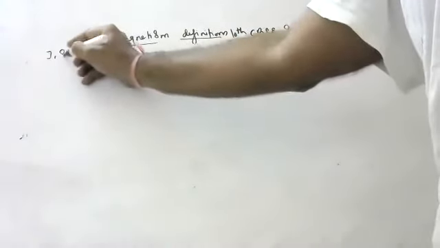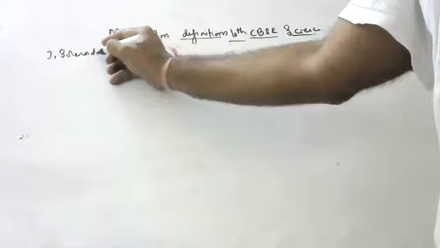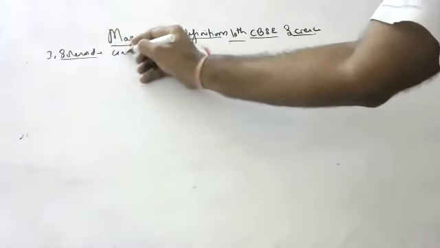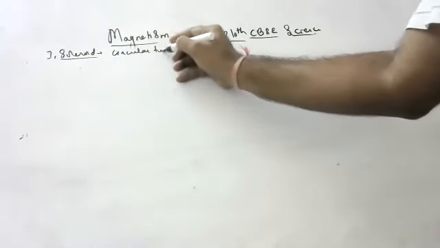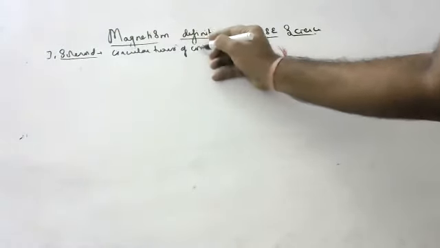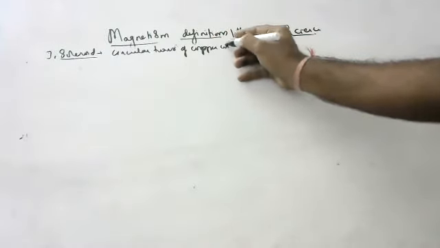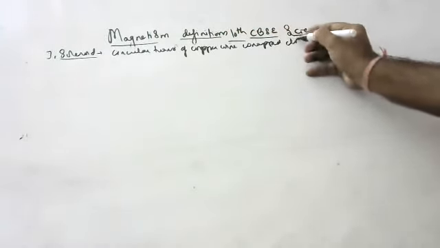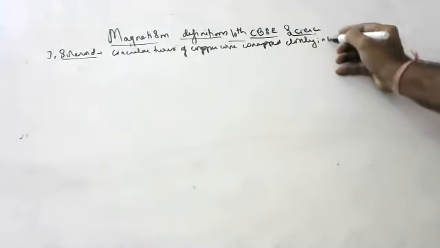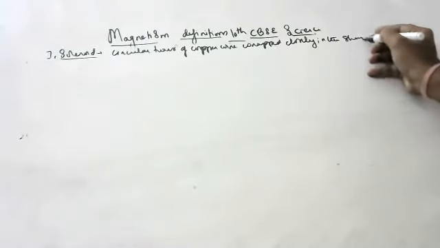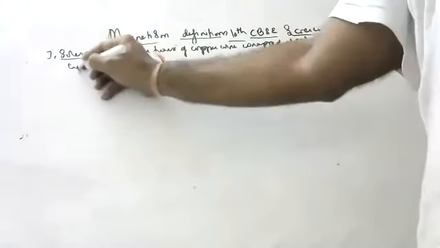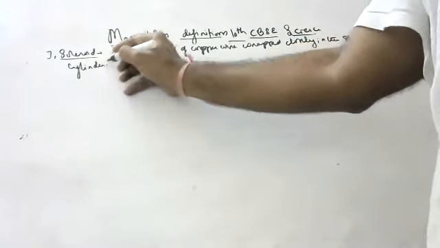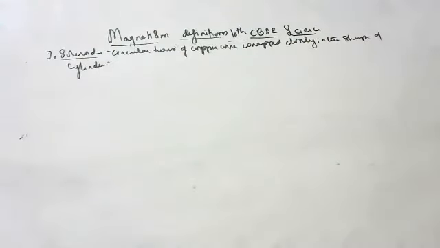Seventh definition. Solenoid. What is solenoid, children? Circular turns of copper wire wrapped closely in the shape of cylinder.